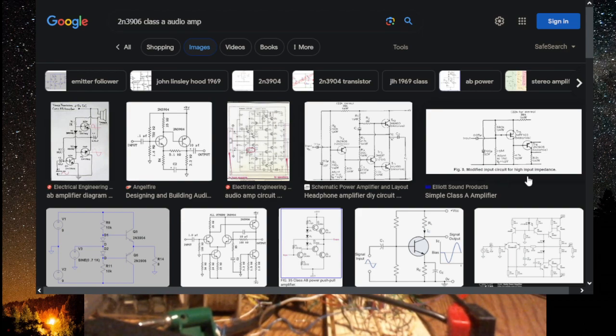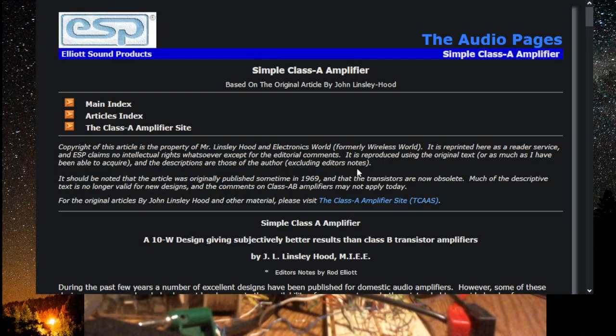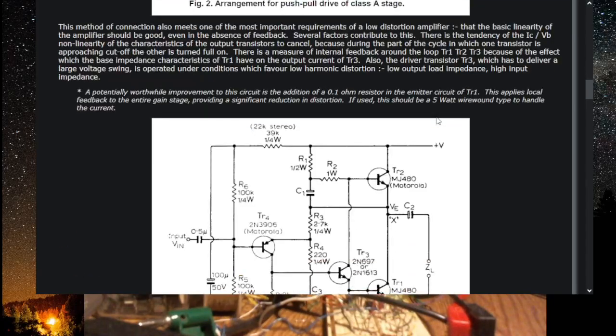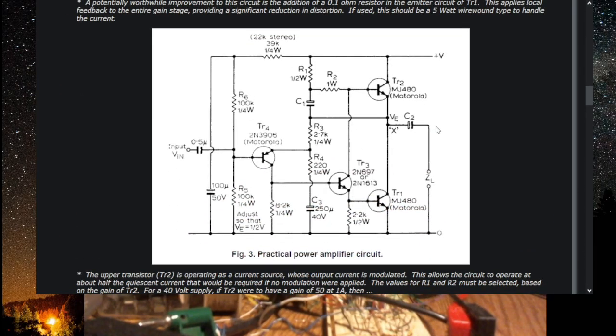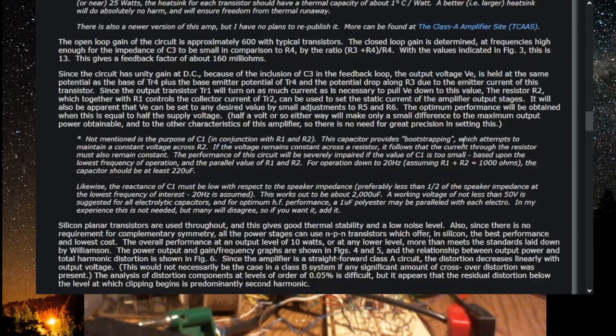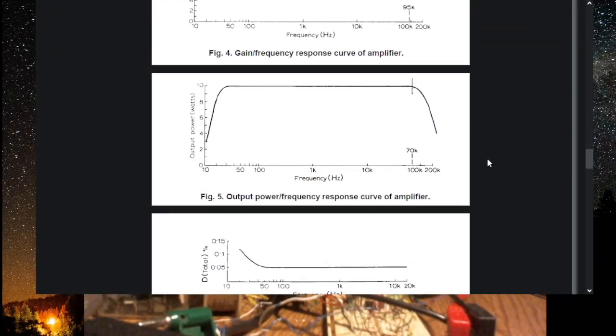Modified input circuit for high input impedance. Okay. Basic Class A circuits. Oh, that's NPN. I don't want that. Power amplifier circuit. I don't have the power amps hooked up yet.